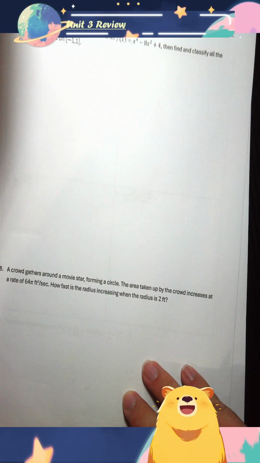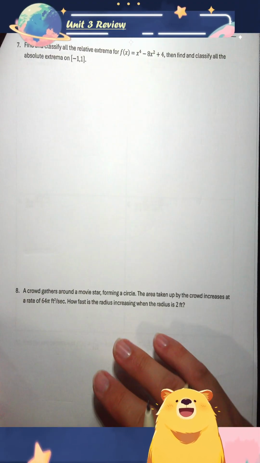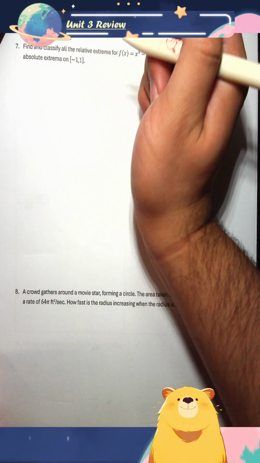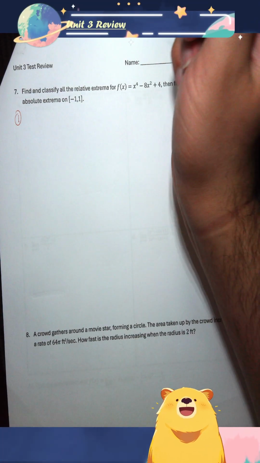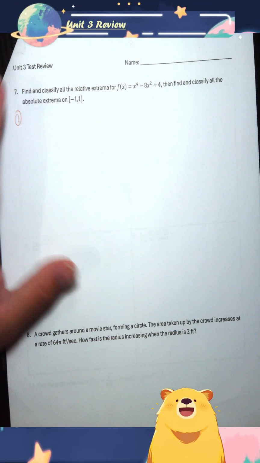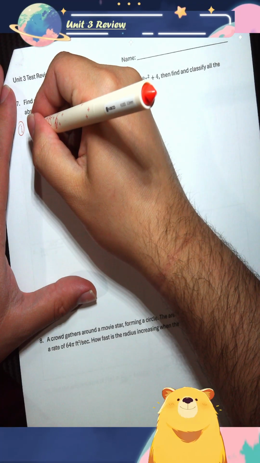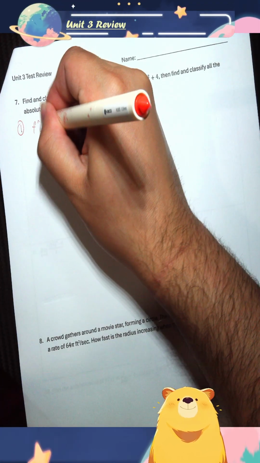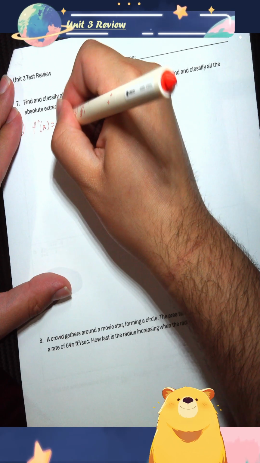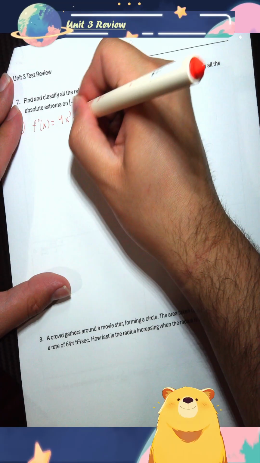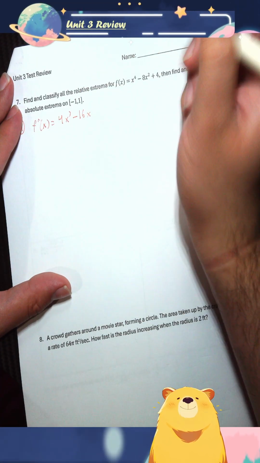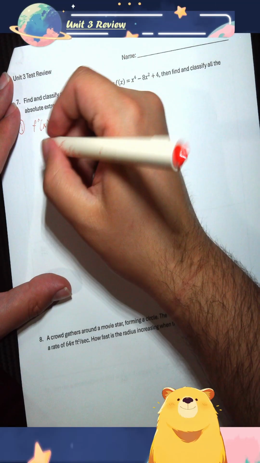Number 7, find and classify all the relative extrema for this function, then find and classify all the absolute extrema. Okay. Let's start off with doing its derivative. So I get 4x to the 3 minus 16x, and then that will disappear.